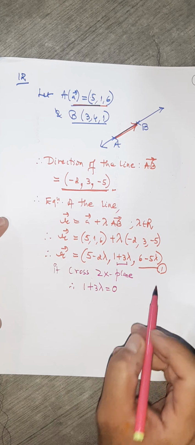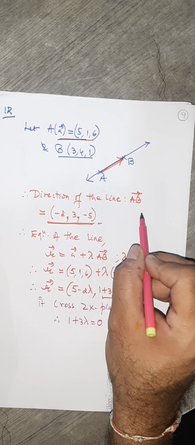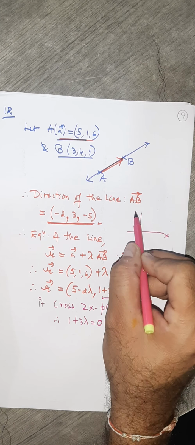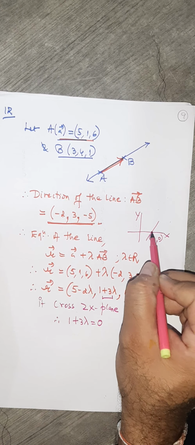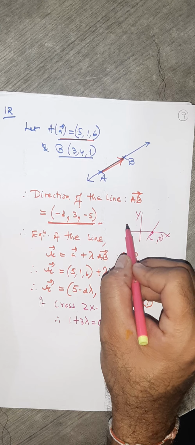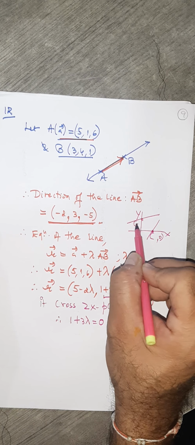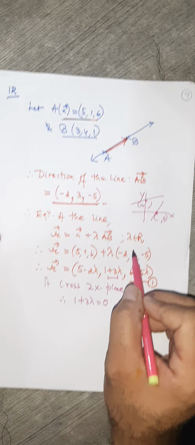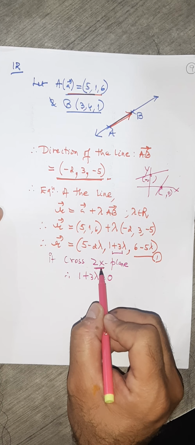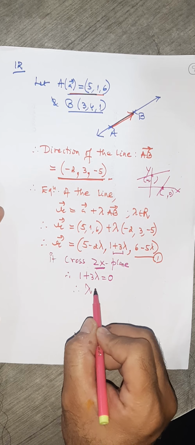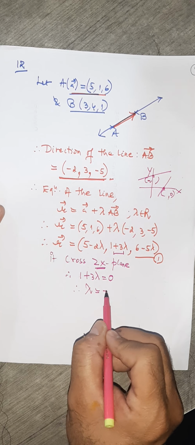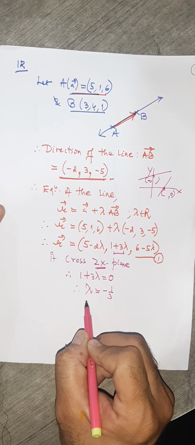Again, just to remind you, when you consider just x-axis and y-axis, if the line crosses the x-axis, the y coordinate is 0 because the y variable is absent. If the line crosses the y-axis, then the x component is 0. Same concept. ZX plane, so which variable is absent? Y. So this has to be 0, and therefore lambda equals minus 1 upon 3.